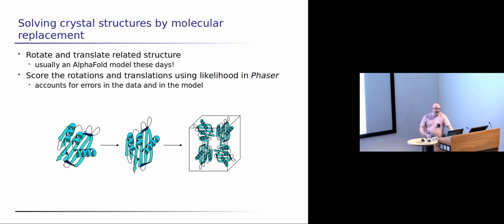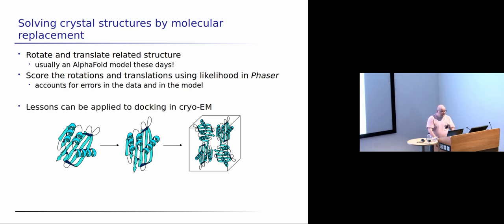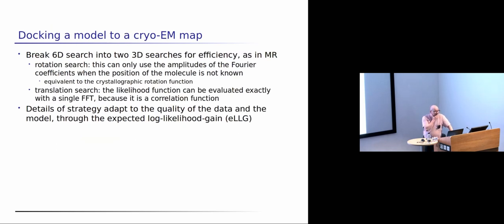So as you know, Phaser uses molecular replacement, a rotation search and then a translation search. The algorithms that have been used for that can be re-implemented or reused in the implementation of this tool for cryo-EM. So it's a 6-dimensional search, as I said, broken into a rotation search and a translation search.